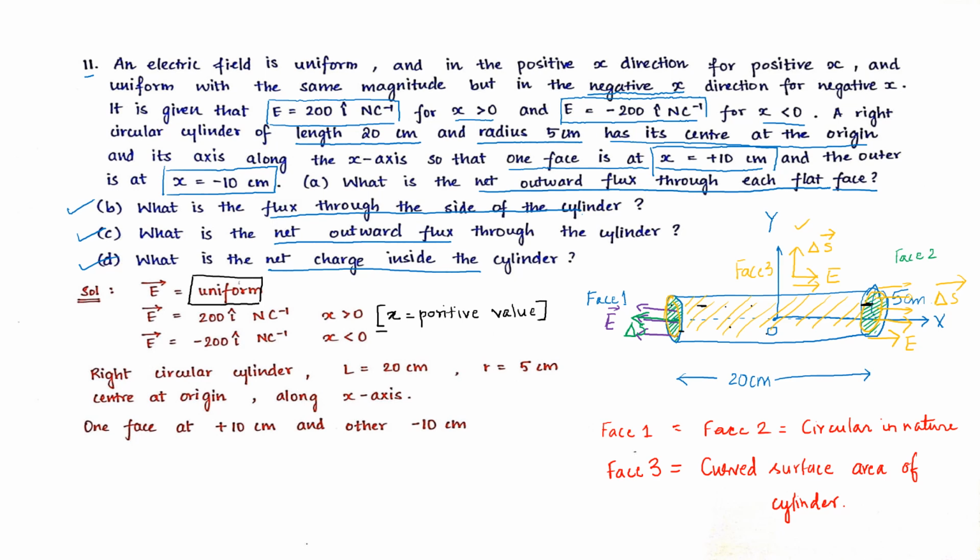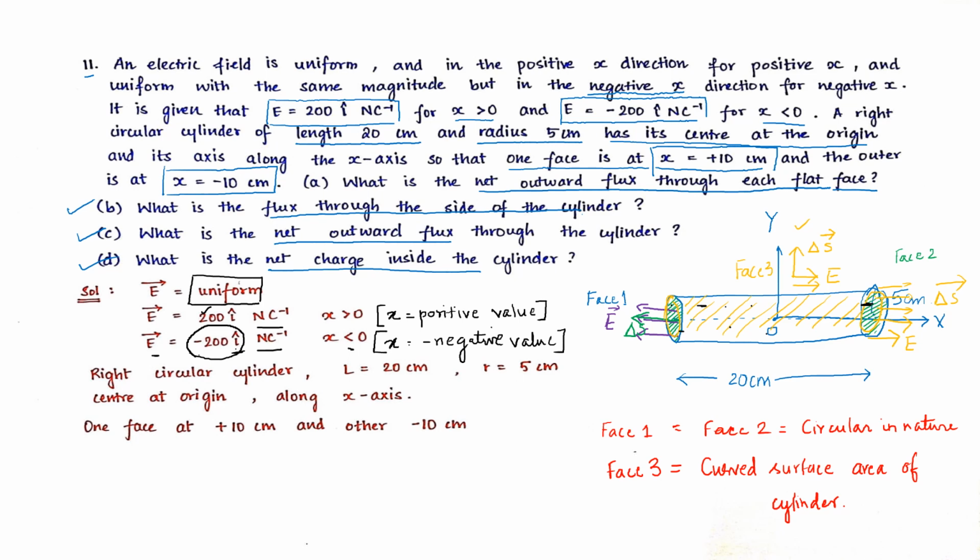Similarly, when x is smaller than 0, x has negative values, and our electric field is also negative. E for x greater than 0 is 200 i Newton per coulomb. E for x smaller than 0 is minus 200 i Newton per coulomb.